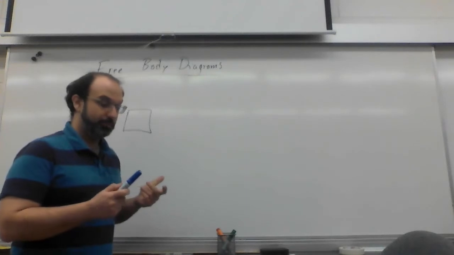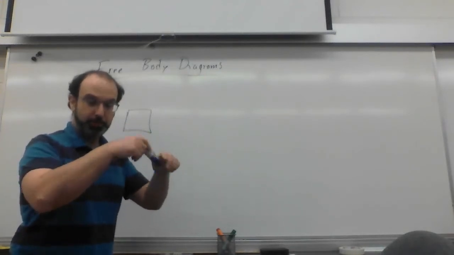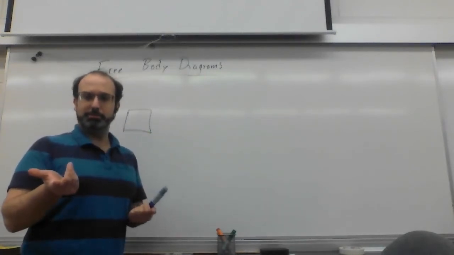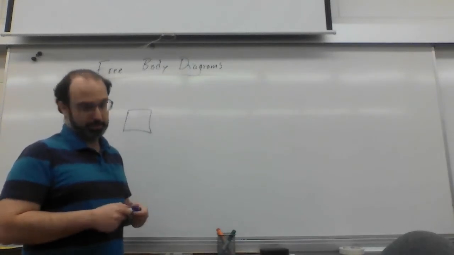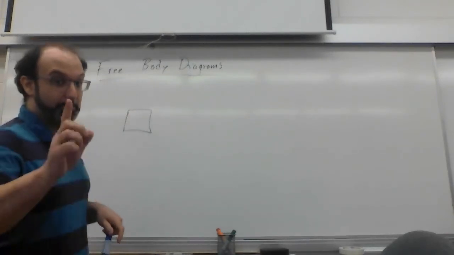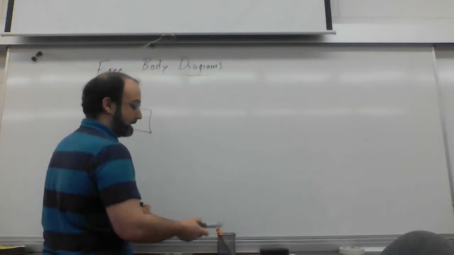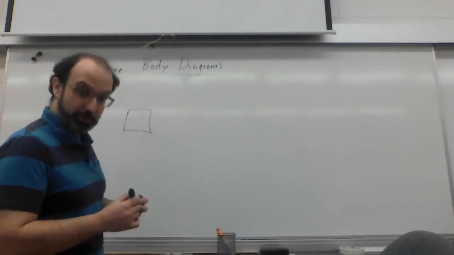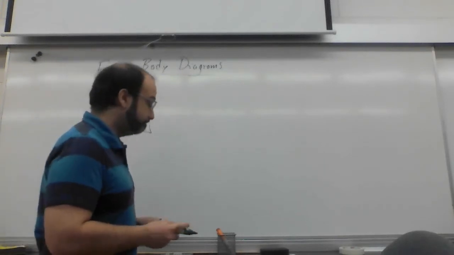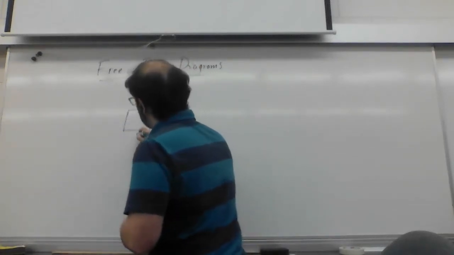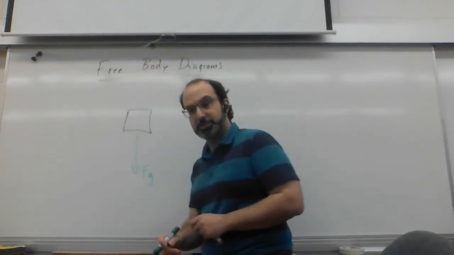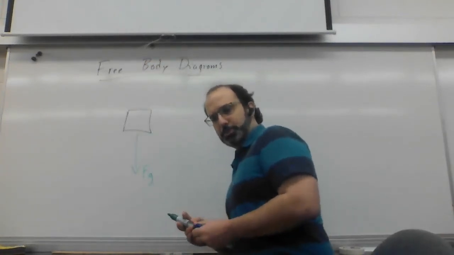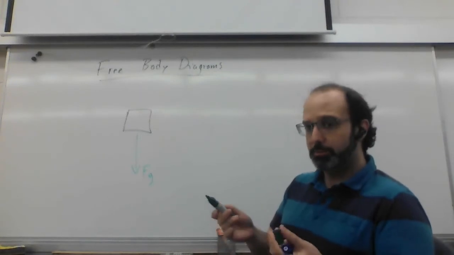For example, that eraser that fell on the floor, what pulled it down? We know that. At least I hope so. If you don't know that, then I'm about to amaze you, because there's this thing called gravity. And you may have noticed that it is a force of gravity. So, here we go. Fg. You may remember from Newton's second law that we had F for force.